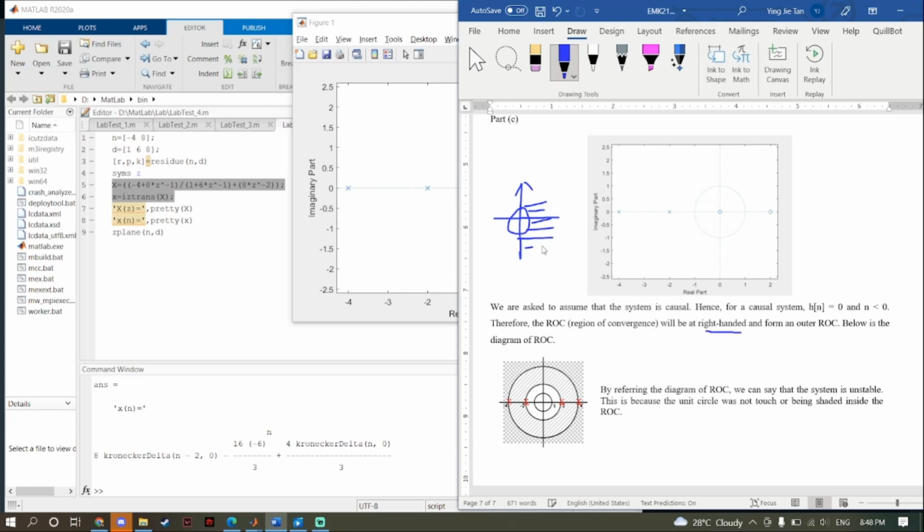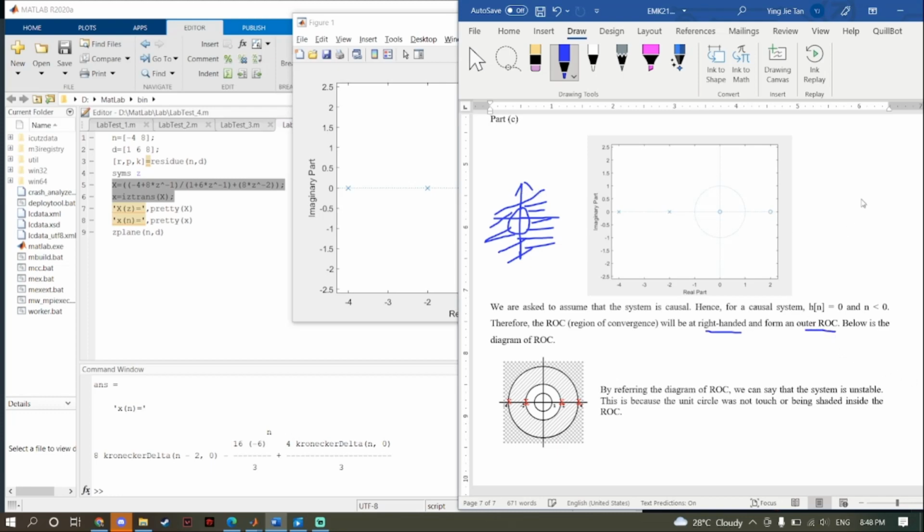After you shade the right part, you will continue with here, but it's outer, because right-handed means the value of your poles is right-handed. So right here you will put like this and you get an outer ROC.